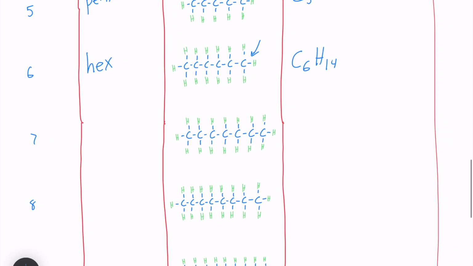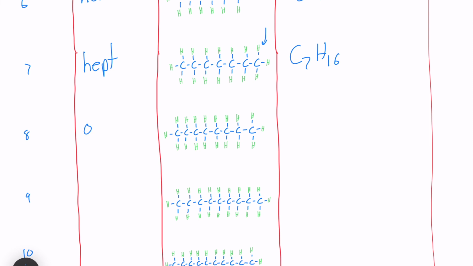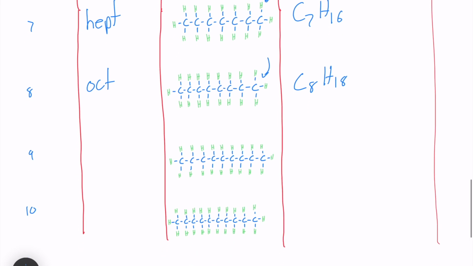Moving on to 7, we have the prefix of hept, and our Lewis drawing is already created for us. We have C7H16. Moving on to 8 carbon, we have oct. That one's easy to remember. We have octopus, right? 8 arms, 8 carbon. And our Lewis drawing is created. We have C8H18. And we just have 2 more here, folks.